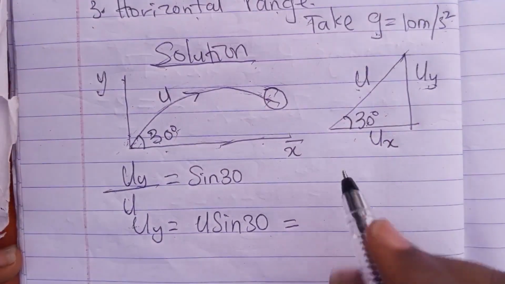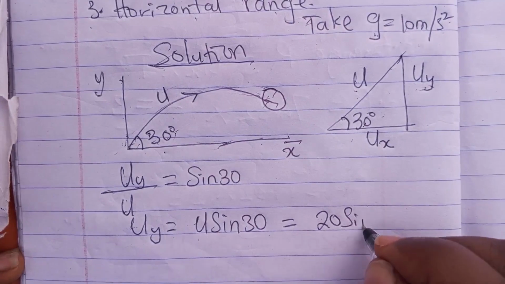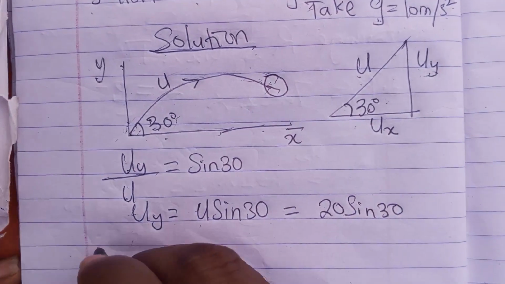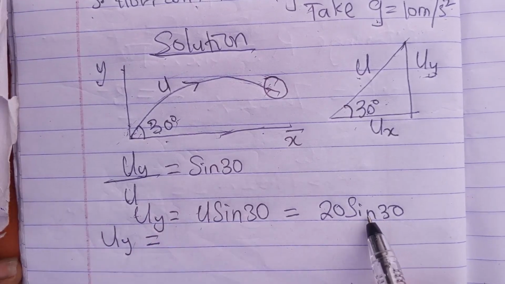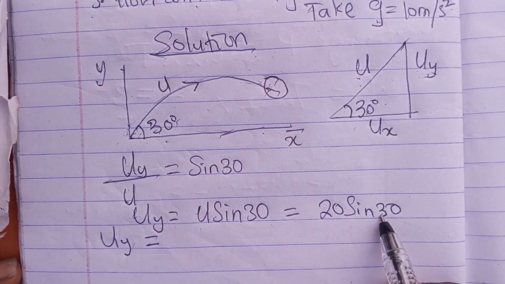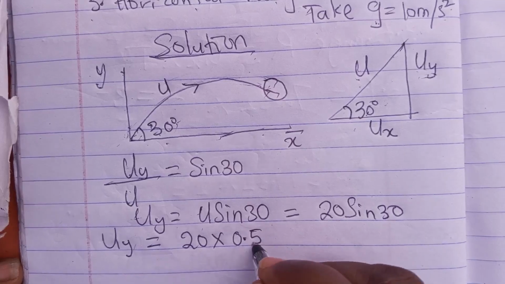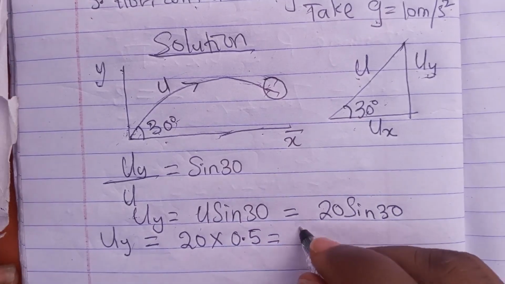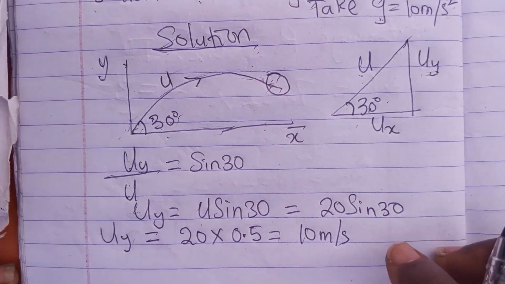So uy equals 20 times sine 30, and sine 30 is 0.5. 20 times 0.5 is 10 meters per second for our uy.